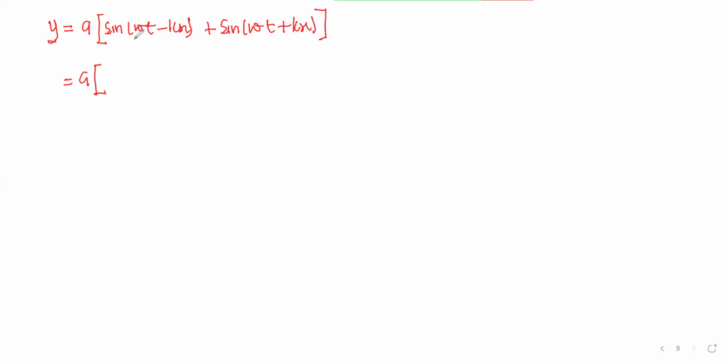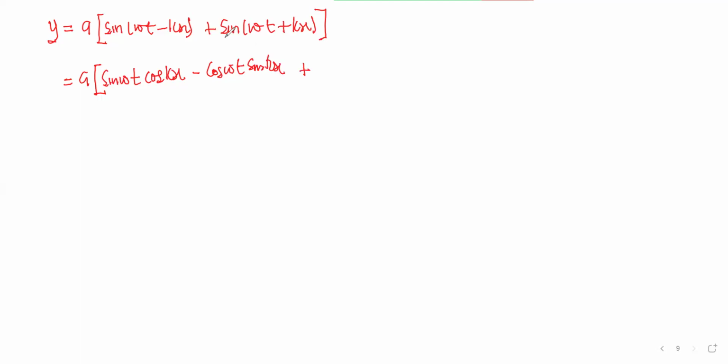If we simplify, the first part would give us sine omega t cos kx minus cos omega t sine kx.